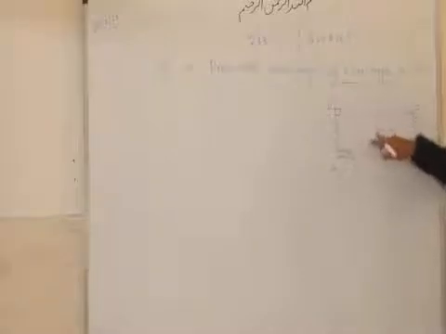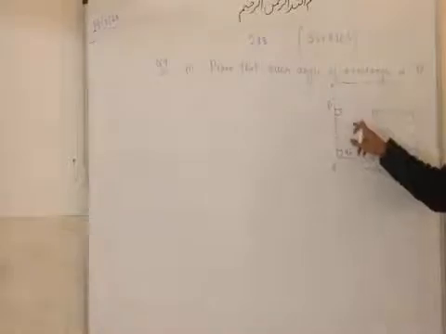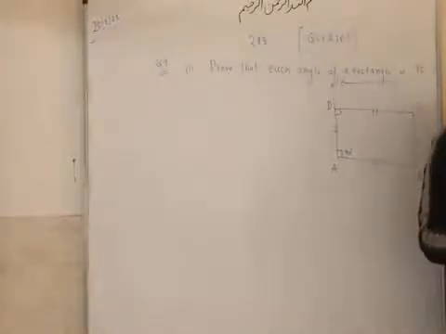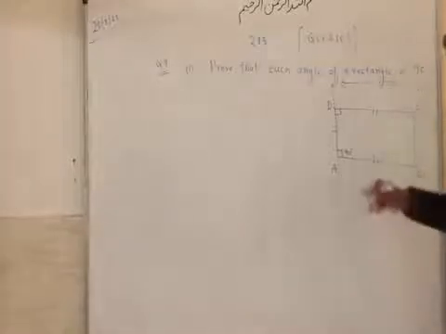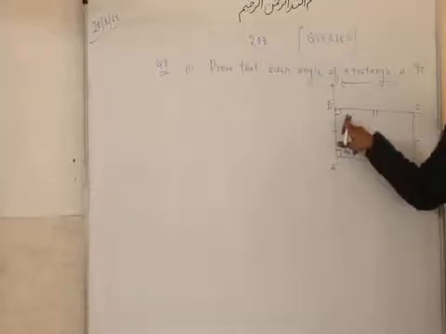We know that these two lines are parallel and they are intersected by a transversal. Then the sum of the interior angles on the same side of the transversal must be equal to 180 degree, right? So this is 90 degree, then of course we can find this is also 90 degree.